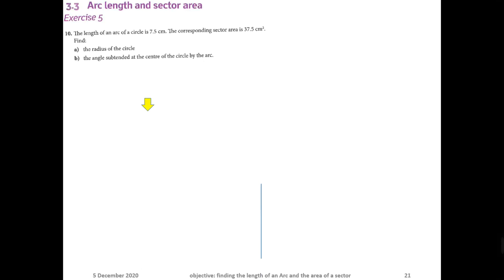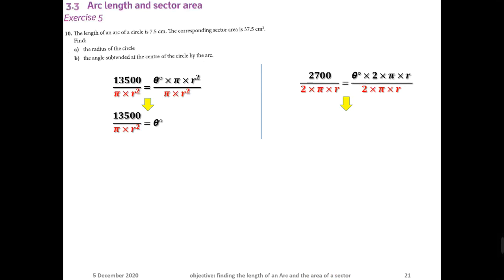So we have two expressions for theta now. The first one is theta is equal to 13,500 over pi r squared, and the other expression is theta is equal to 2,700 over 2 pi r.